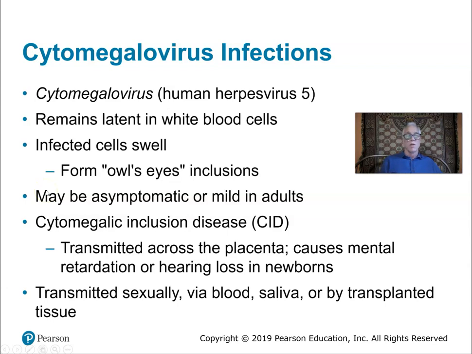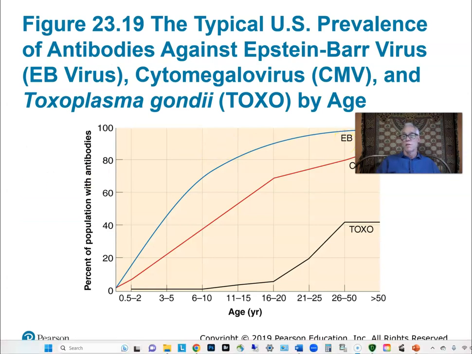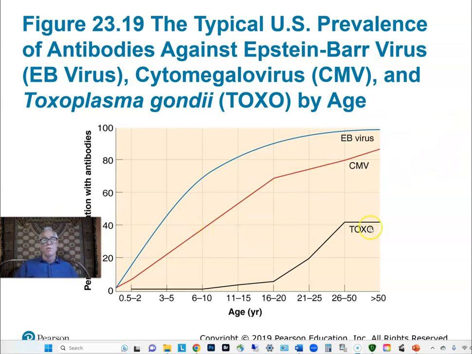It's transmitted sexually, through blood, saliva, or transplanted tissue. But it's probably transmitted in other ways than that, because if you look at this chart, my supposition is it's transmitted by more mechanisms than that.